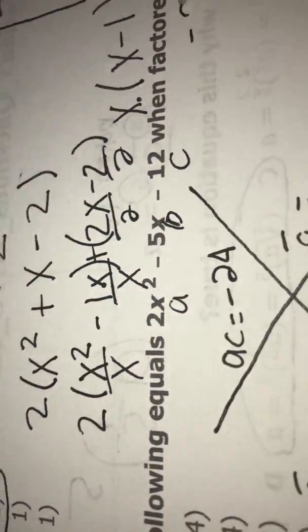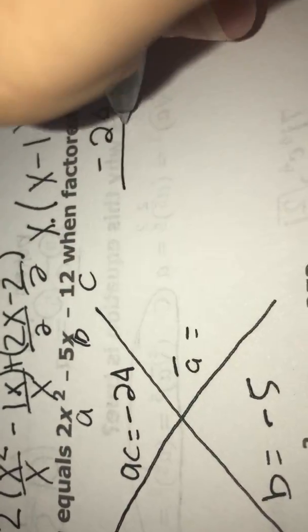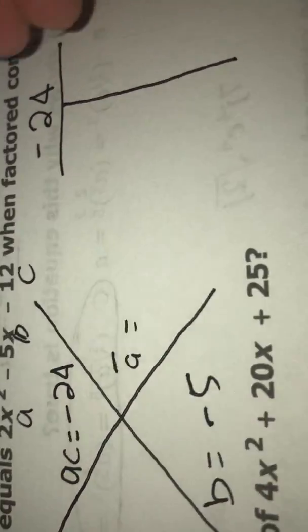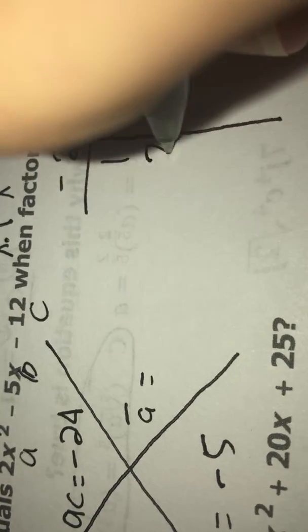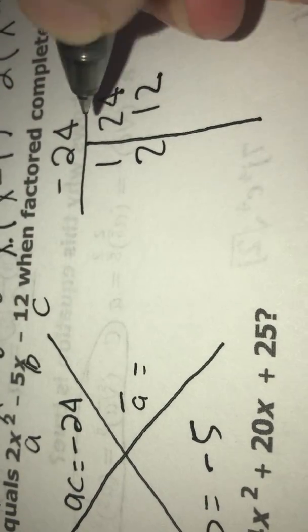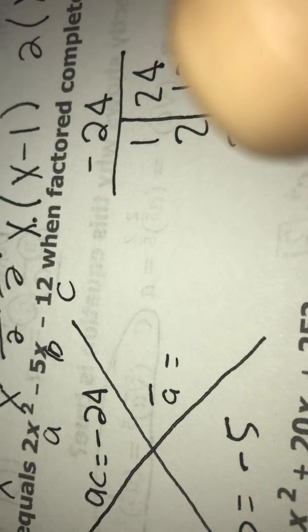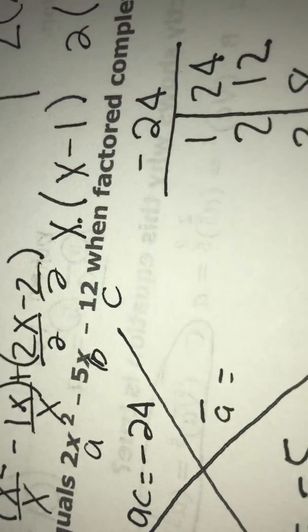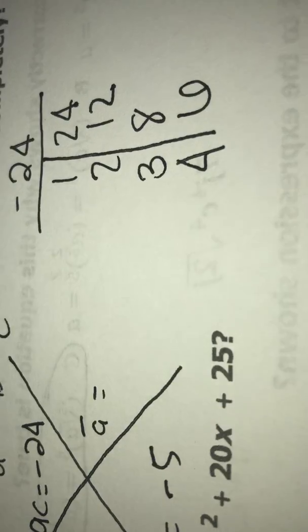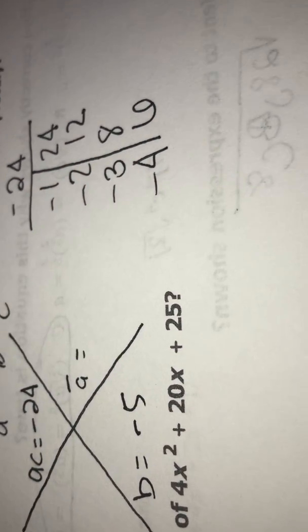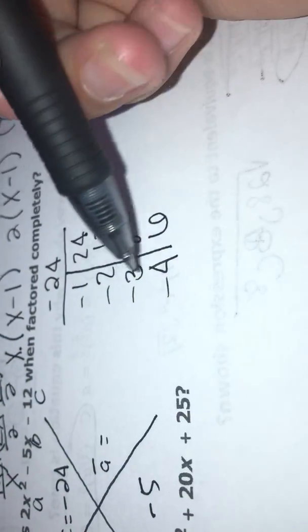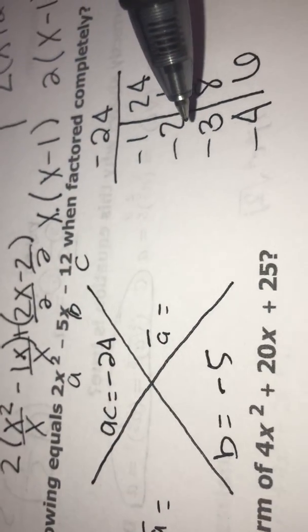So now let's factor out negative 24. Factors of negative 24 are 1 and 24, 2 and 12, 3 and 8, 4 and 6. Okay, and make each one of these a negative. The negative can be on either side, really. If the negative is on this side, it would add up to give us negative 5.